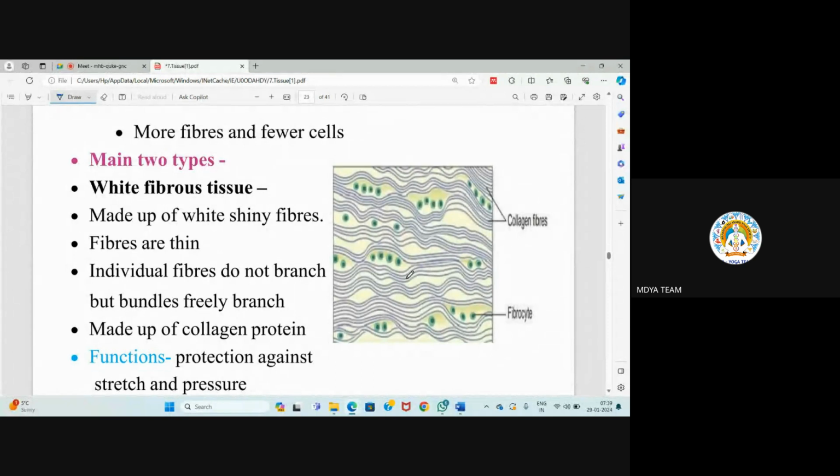You can see here in this bundle of 5 fibers, it has been bifurcated into 3 and 2. So individual fiber is not bifurcating, but the bundle is getting bifurcated.